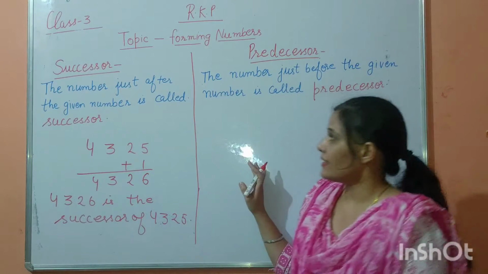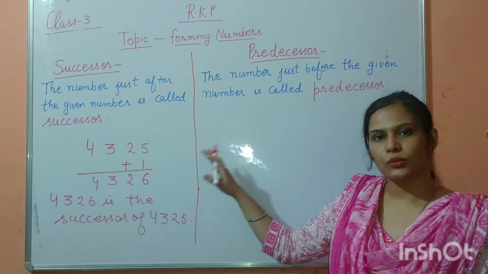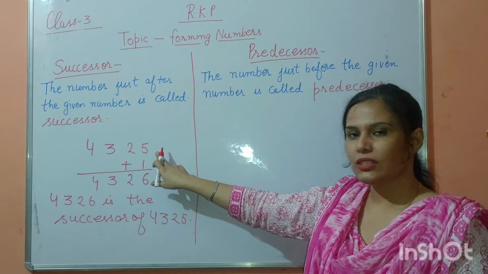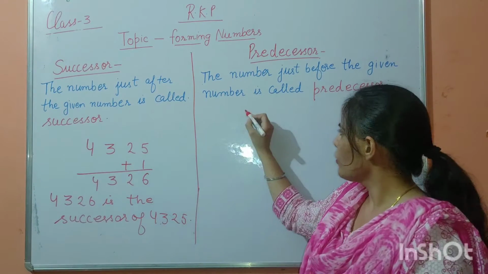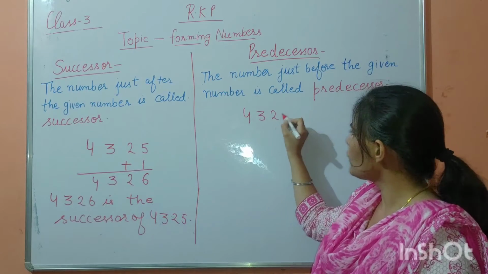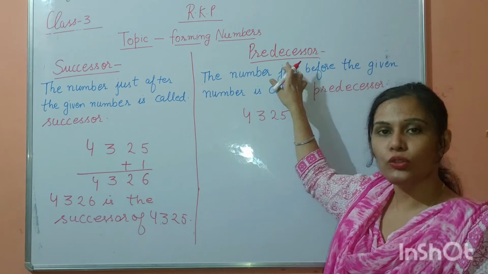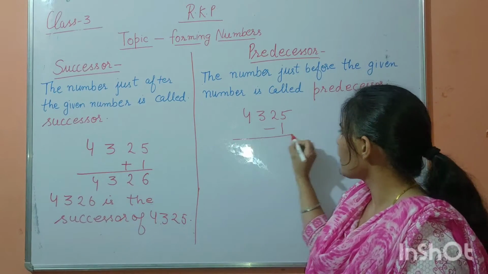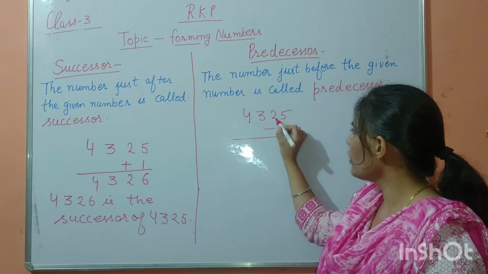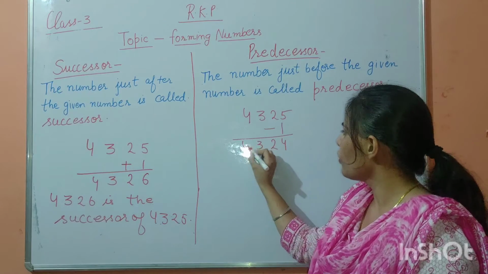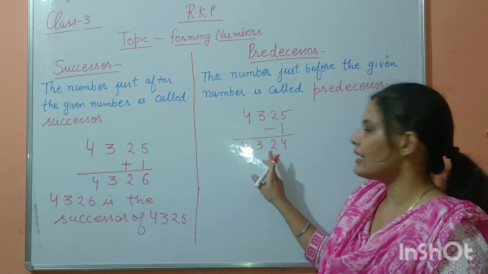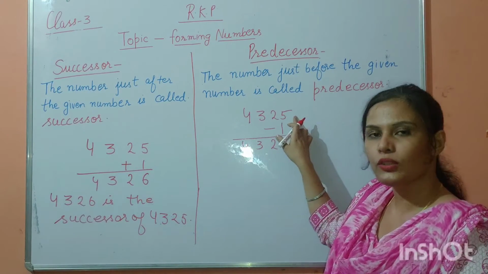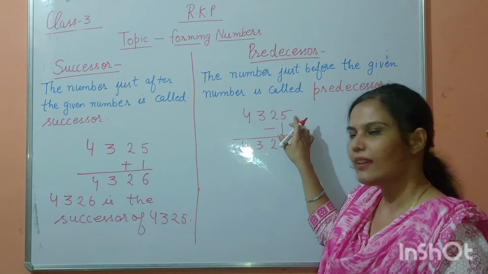And predecessor is just the opposite of the successor. We will take the same number, 4325, but I want to know the predecessor, so I subtract 1 here. 5 minus 1 is 4, then 2, 3, 4: 4324. 4324 is the predecessor of what? 4325.